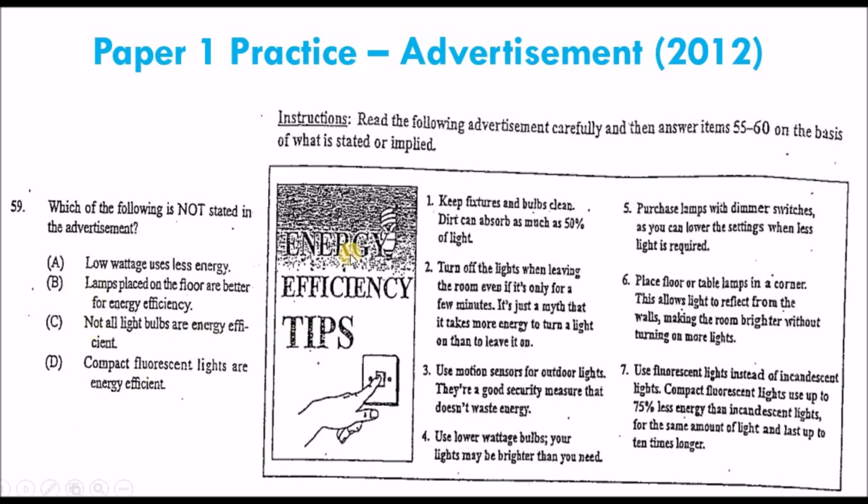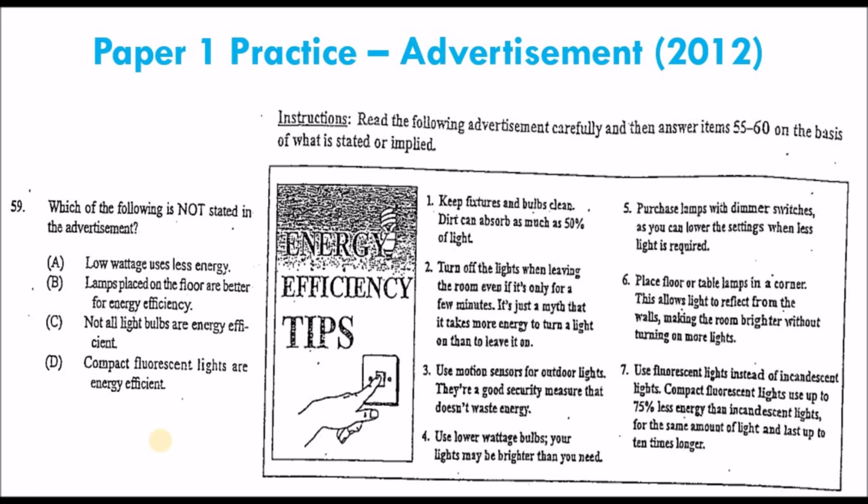We can eliminate D off the top of our head, because remember when we were looking at tip 7, we know that compact fluorescent lights are energy efficient. So yes, that was stated. So we can eliminate that. Not all light bulbs are energy efficient. Was this stated in the passage? And if so, which tip gave us this information?